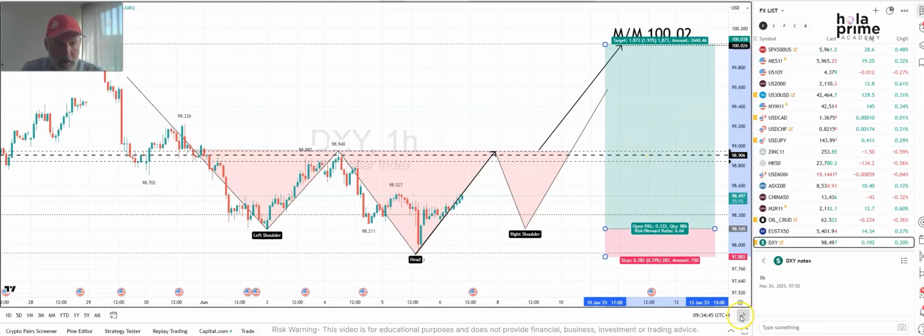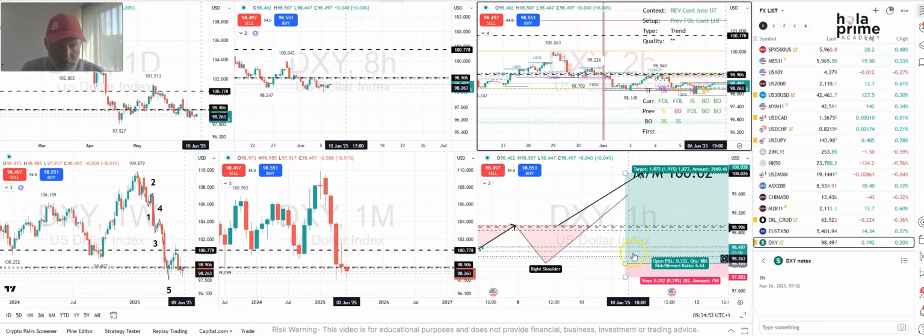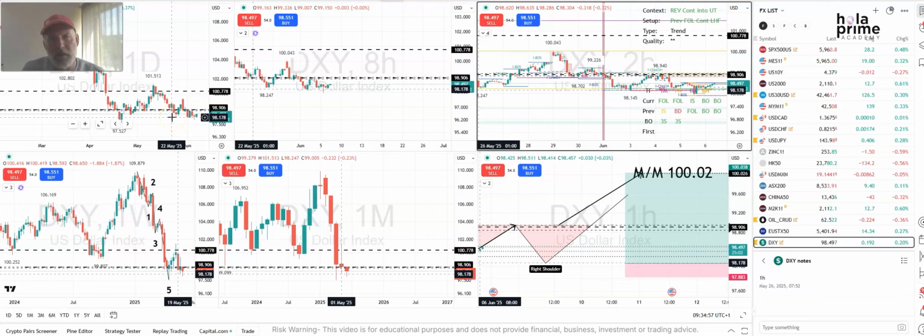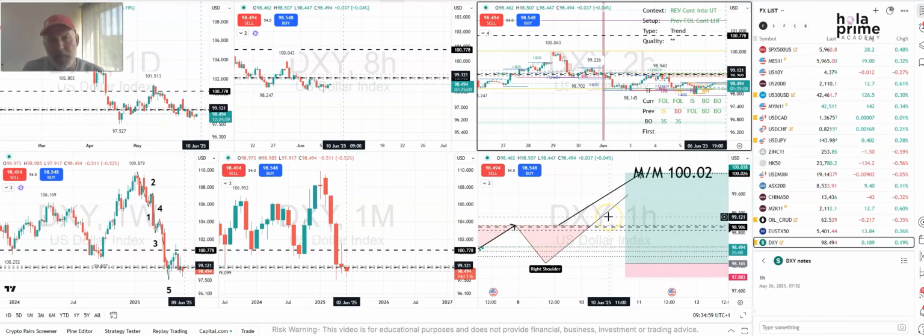So just to highlight what we've talked about with regards to DXY, and of course it's the dominating factor for most major pairs, is that we have scope to build an evening doji star pattern. However, the preferred outlook, because we've got some intraday resistance at 98.60, is actually to buy into that right shoulder and take the dollar higher.